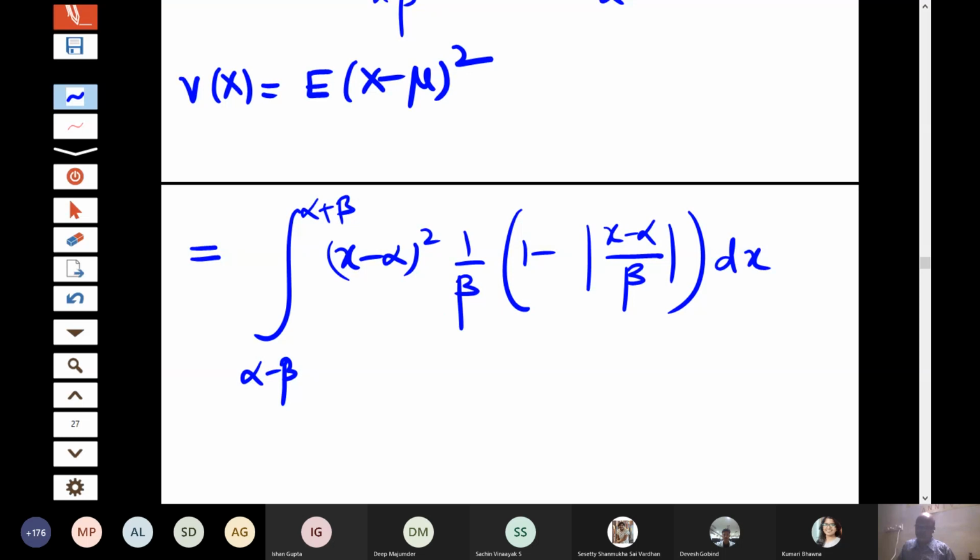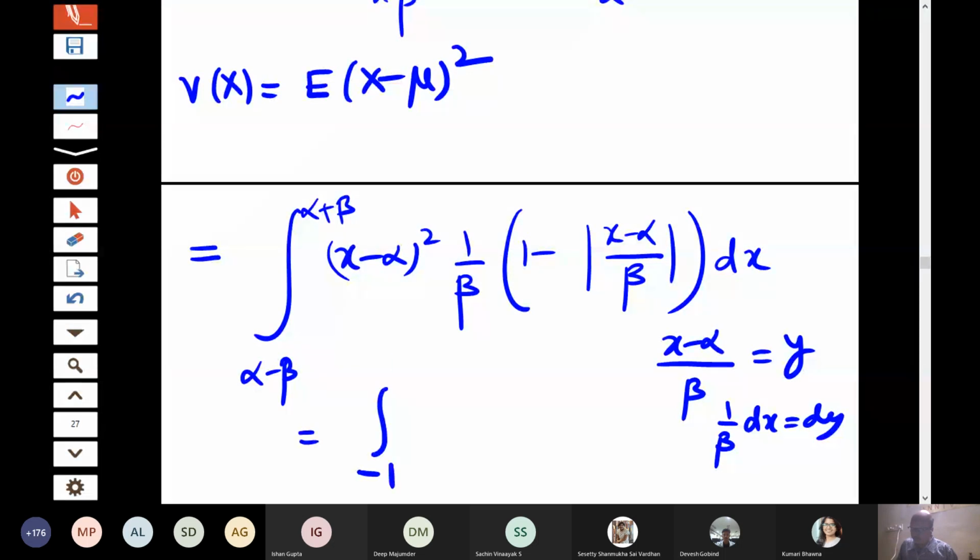So from the expression itself, you can easily substitute (x minus alpha) by beta equal to y, that is 1 by beta dx is equal to dy. Then this is nothing but the integral from minus 1 to 1 of y square times 1 minus mod y dy.